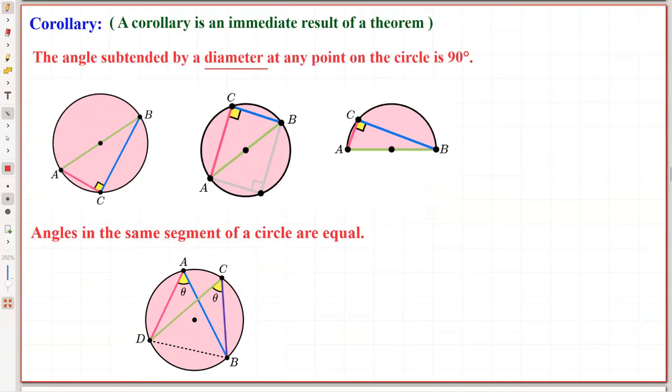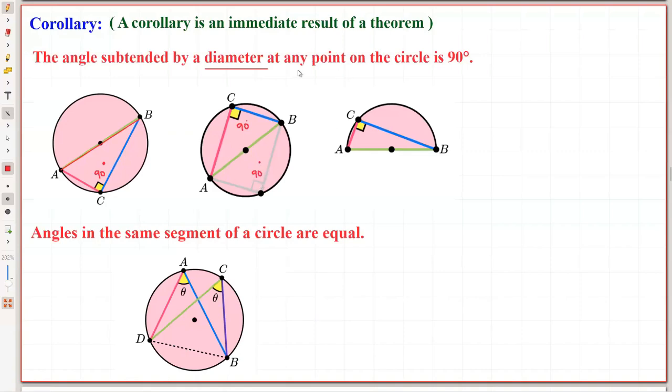For example, if AB is the diameter, the angle subtended by the diameter is 90 degrees. This angle is 90 degrees. Here, AB is the diameter, so this is 90 degrees, or here also this is 90 degrees.